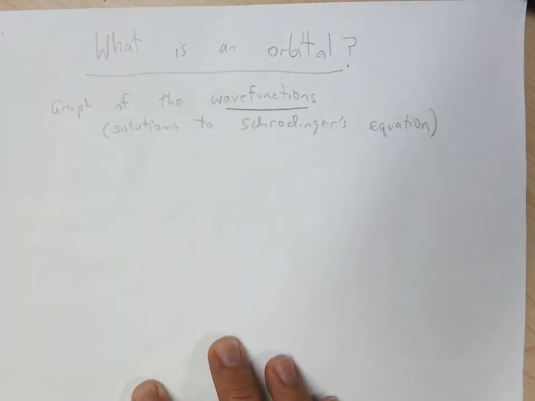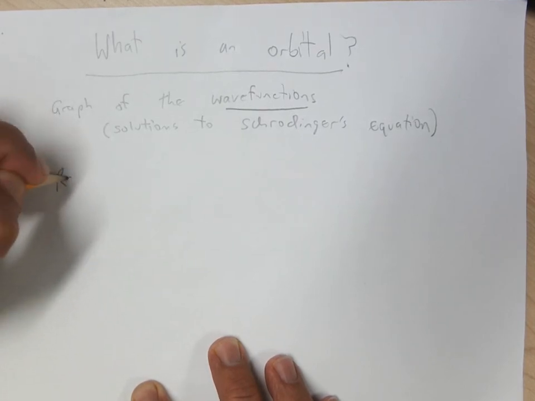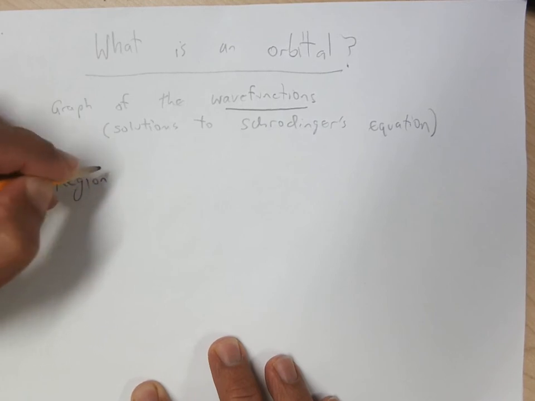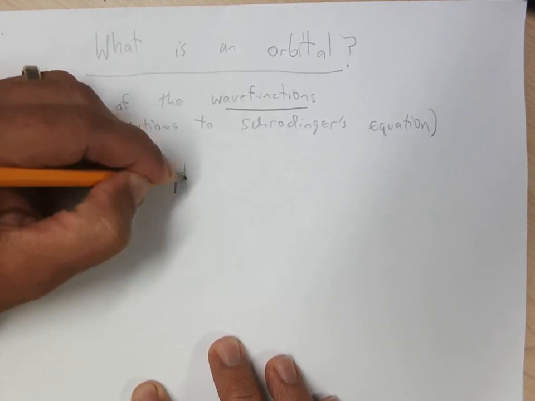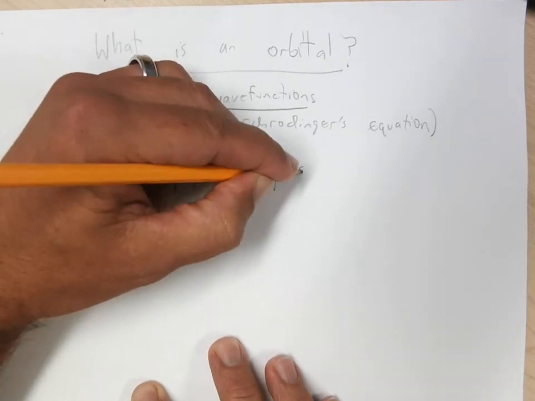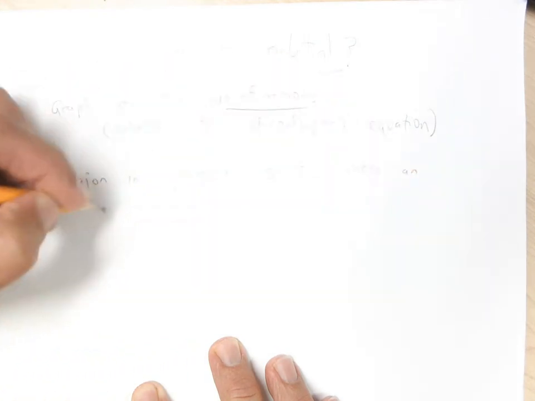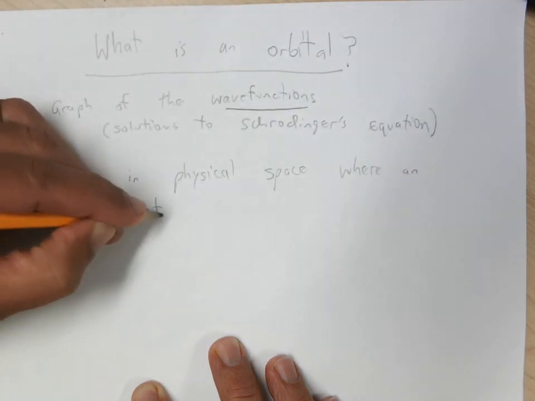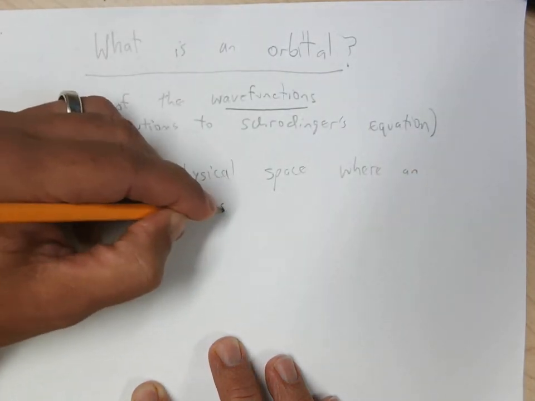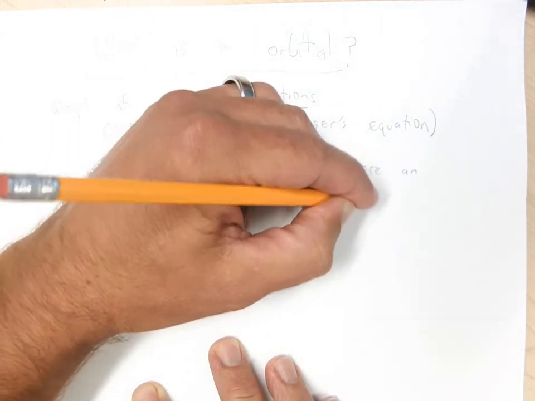Now when you go ahead and interpret this and think about it, the graphs of the wave functions describe the region in space where an electron resides as a wave.